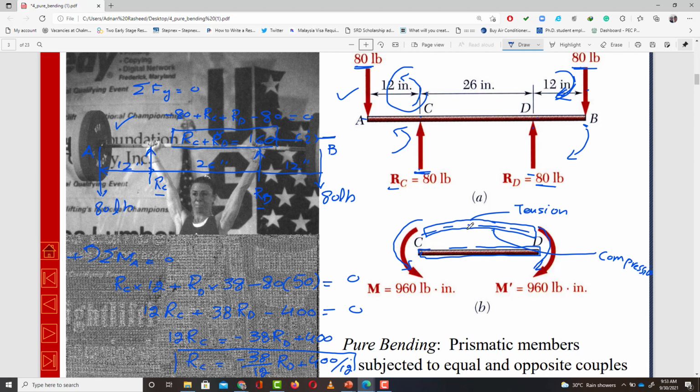Because if it tends to bend like this, the upper surface is going to be stretched, elongated, and elongation means there is tension, while the length of the lower portion, our concave portion, is decreasing, so it means there is compression. Clear?